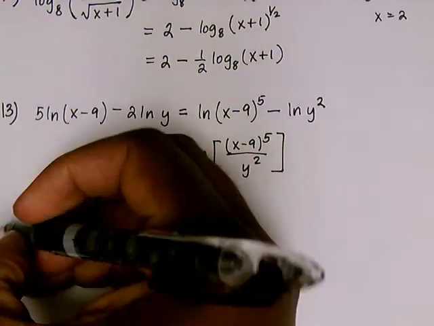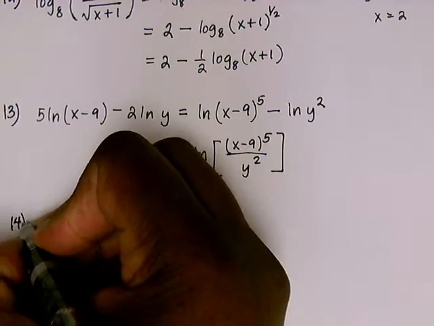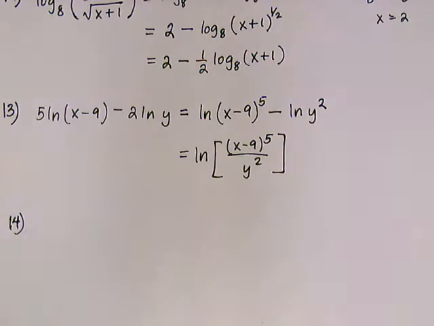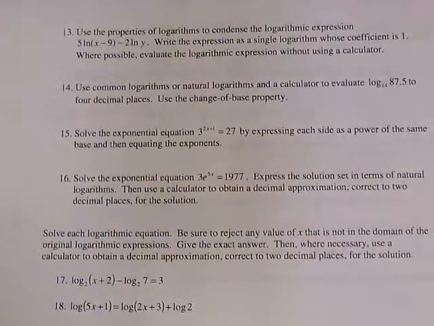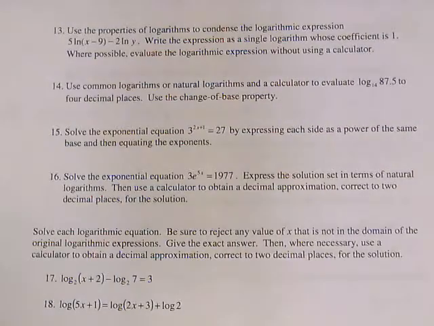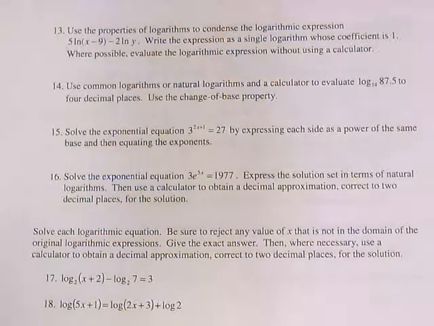All right, problem number 14. In this case here, we're going to use common logarithms or natural logarithms and a calculator to evaluate log to the base 14 of 87.5 to 4 decimal places, and you're told to use the change of base property.